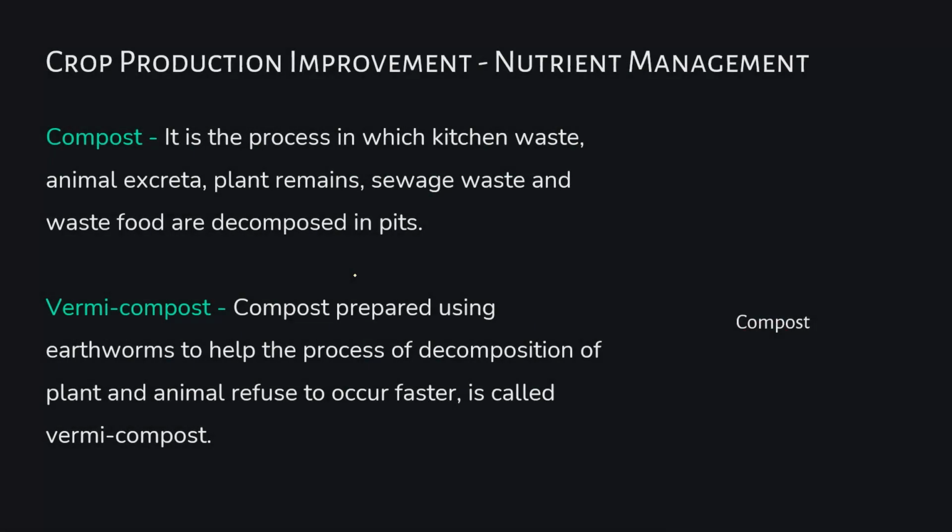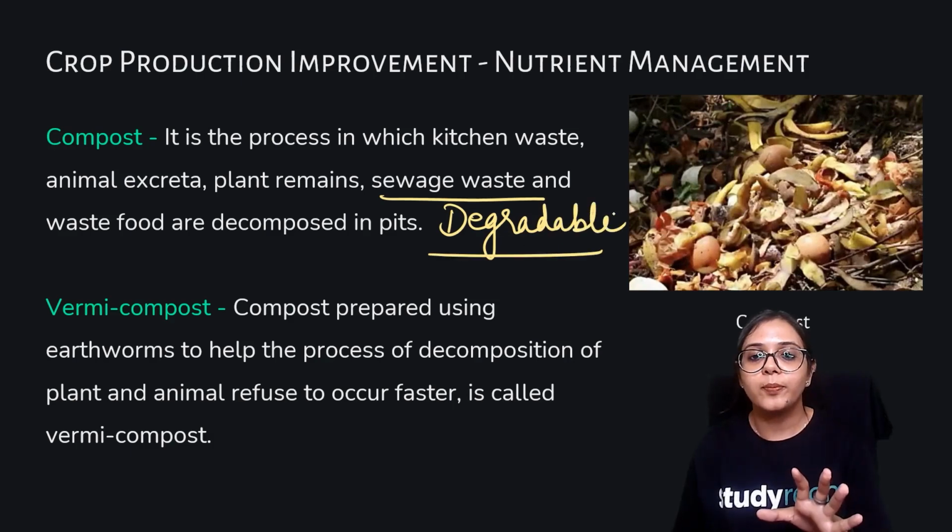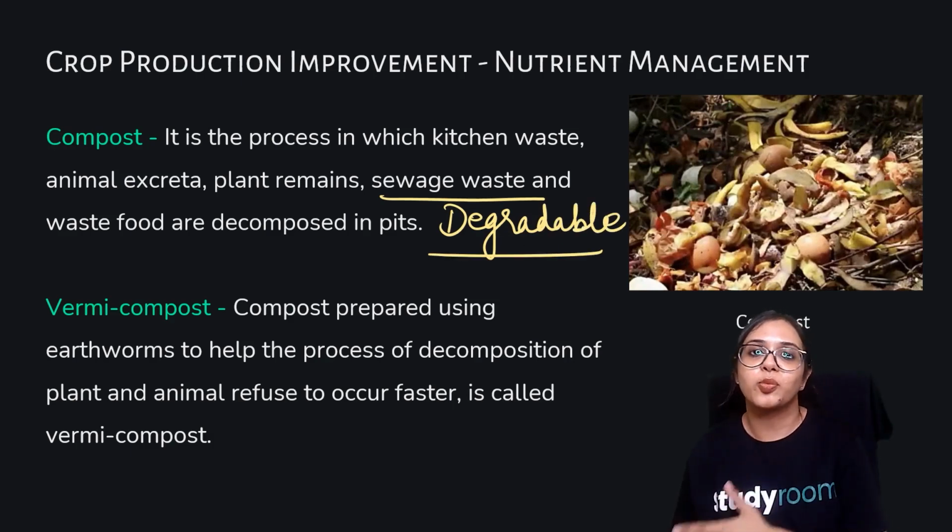So the first kind of manure is compost, and you are getting compost directly from the plant and animal remains. In addition to those, you are also adding other waste items such as sewage. Mind you, those items must be biologically degradable, meaning microorganisms can work upon them to decompose them and break them into smaller particles.